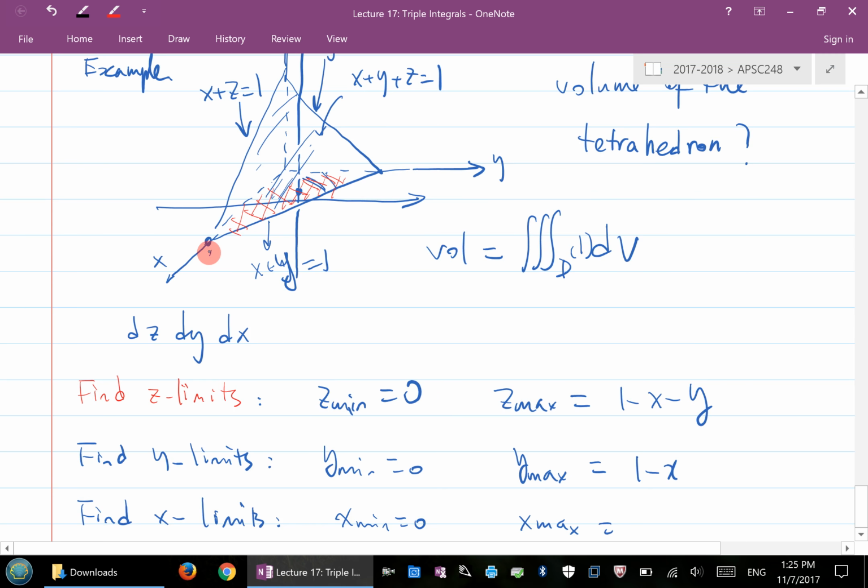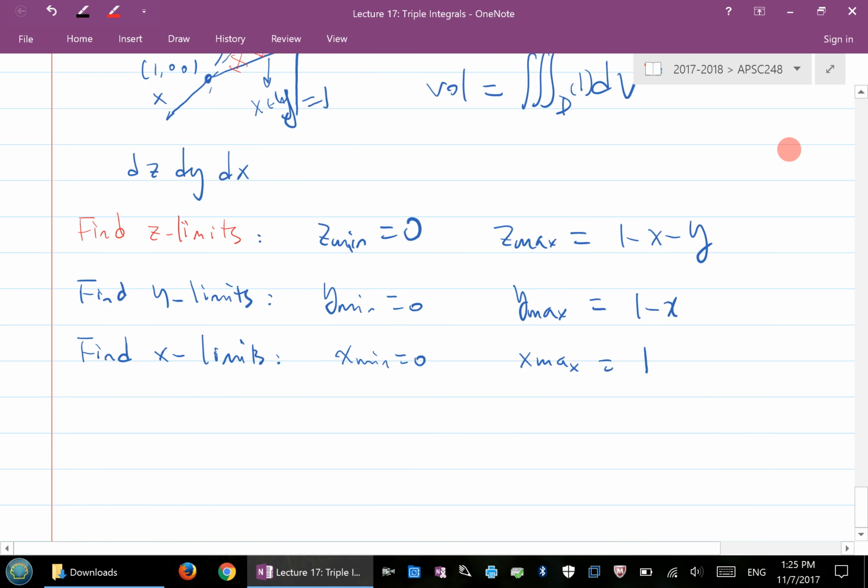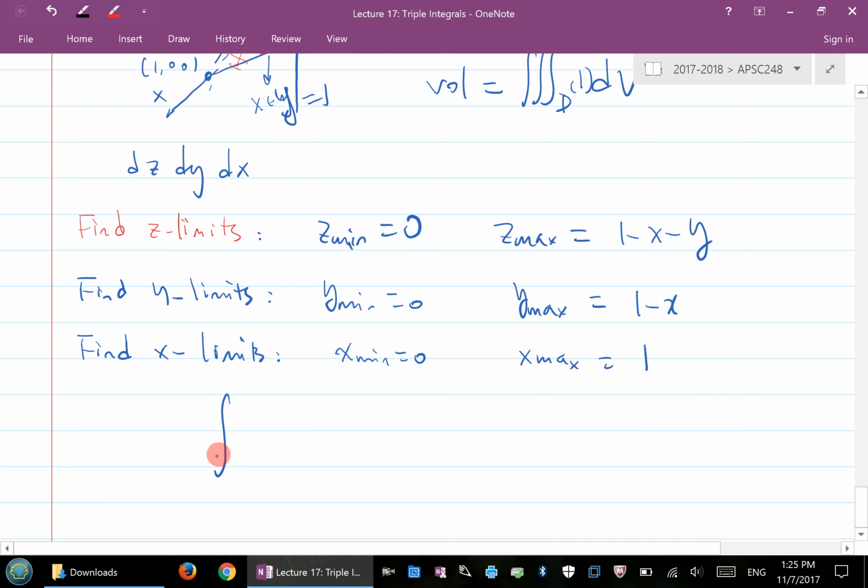At that point, you can easily find it: this is (1, 0, 0), so x max is 1. Finally, you can plug everything in here: 0 to 1, 0 to 1 minus x, 0 to 1 minus x minus y, dz, dy, dx. That's the volume for this tetrahedron.